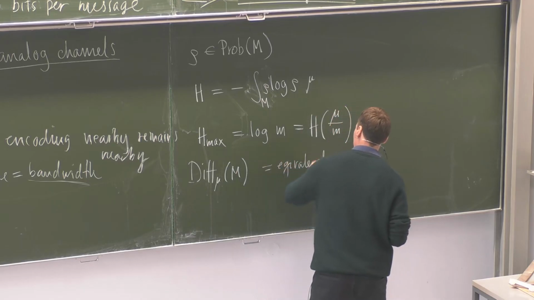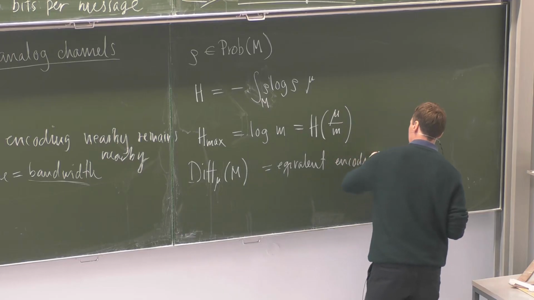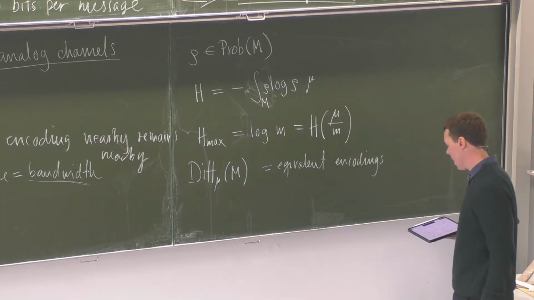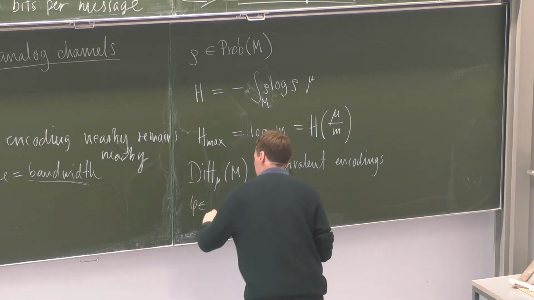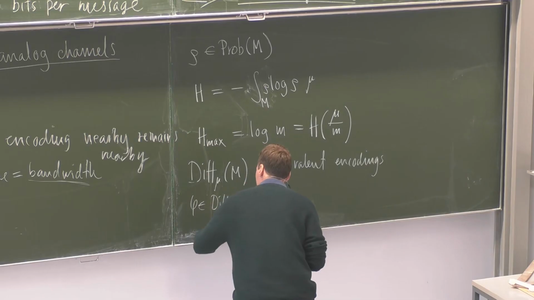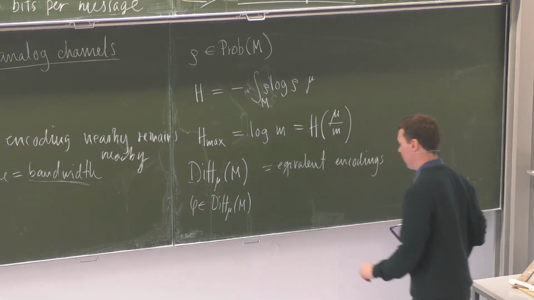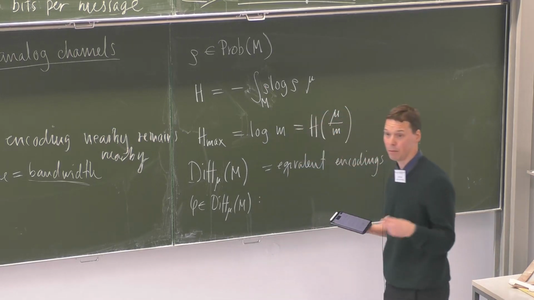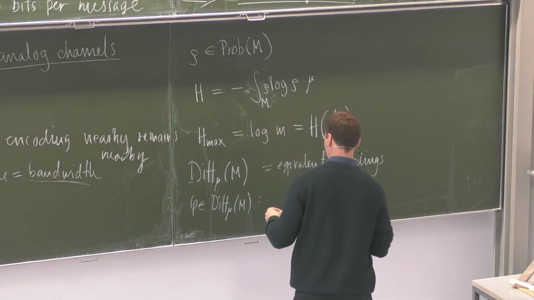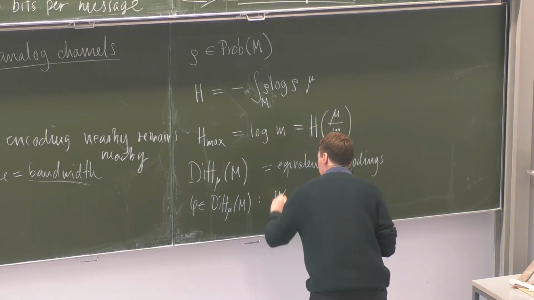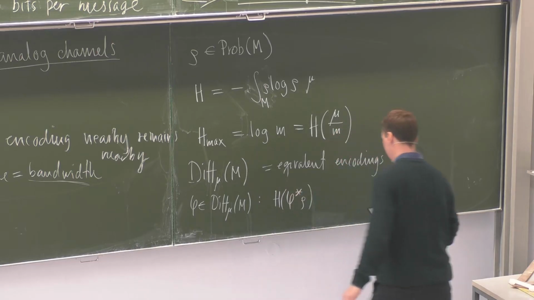Equivalent encodings. Why? Well, if you take a diffeomorphism in Diff_mu, preserving the volume form mu, and you take some probability distribution associated with one encoding and then re-encode it, that is just applying this diffeomorphism to the probability distribution.